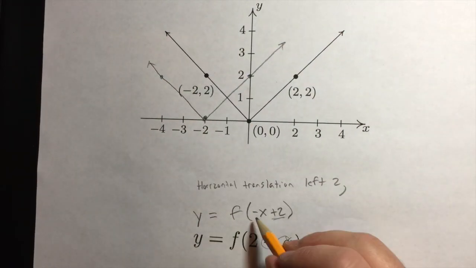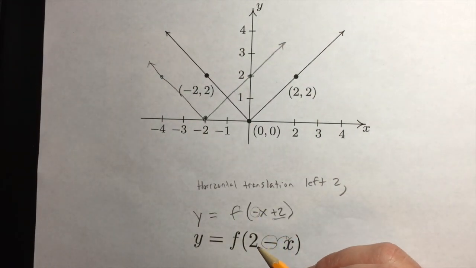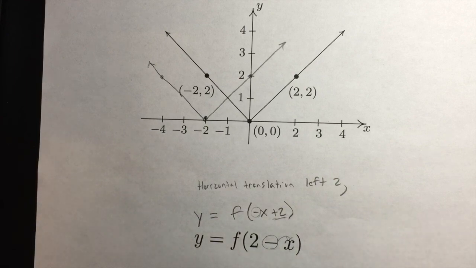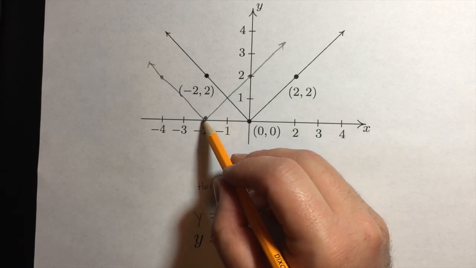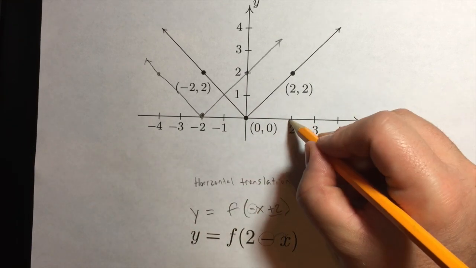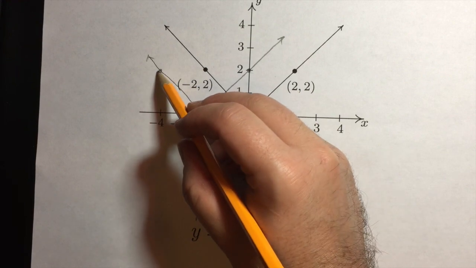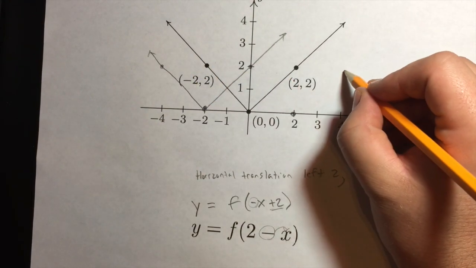And then this part here is negative. So it's inside parentheses. We're doing it to the x values. That means the x values are going to switch signs. So instead of being a negative 2, it's now going to be a positive 2. You really can't take a negative of 0. And instead of being a negative 4, it is now going to be a positive 4.